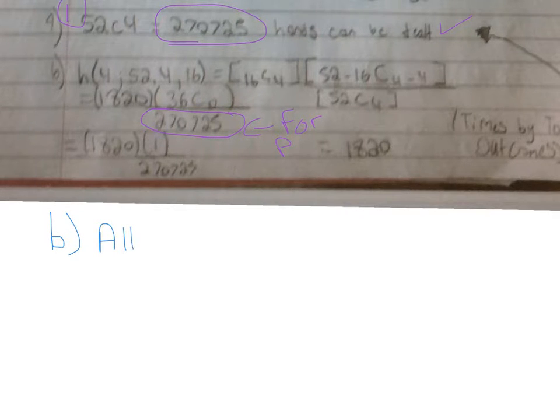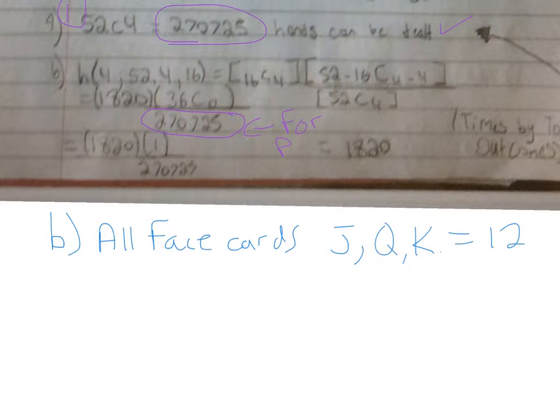If we're doing all face cards, first of all, the face cards are just the ones with actual faces on, so Jack, Queen and King are the only ones that are face cards. So that's 12 possible cards. If we're choosing 4 and we can only choose them from face cards, then that makes this really easy. We have 12 to choose from, and we're choosing 4.